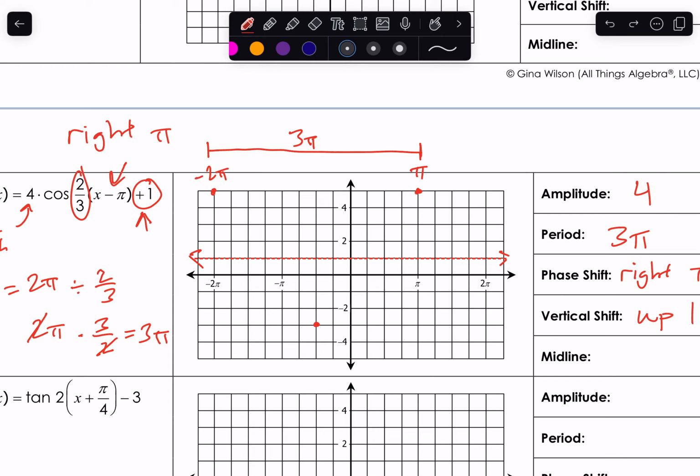So let's see if we can find any other values. I'm assuming that this point right here is 1 because of the symmetrical nature of sine graphs. This one is 1 too, and so is this one.